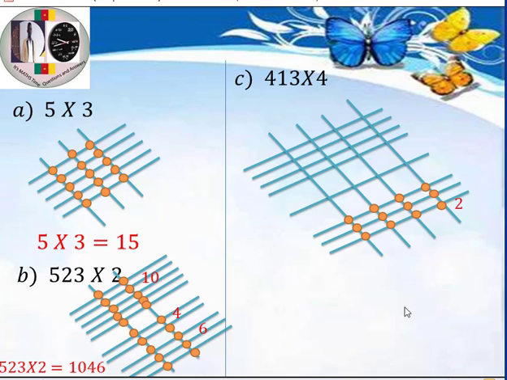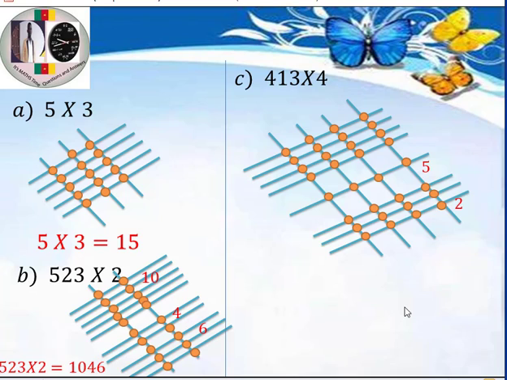So the next intersection will be 1, 2, 3, 4 plus the one we carried will give us 5. So we'll go to the next intersection, 1, 2, 3, 4, 5, 6, 7, 8, 9, 10, 11, 12, 13, 14, 15, 16.